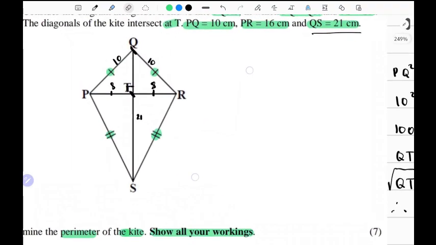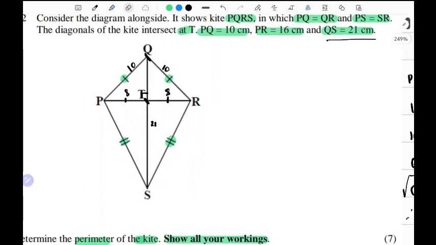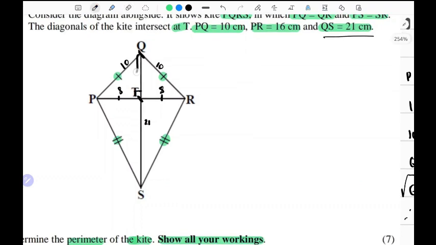So now we have QT, this length here, to be 6, and we have the full length here to be 21. So now the difference between 21 and 6 will give us the length TS, which is this length here.